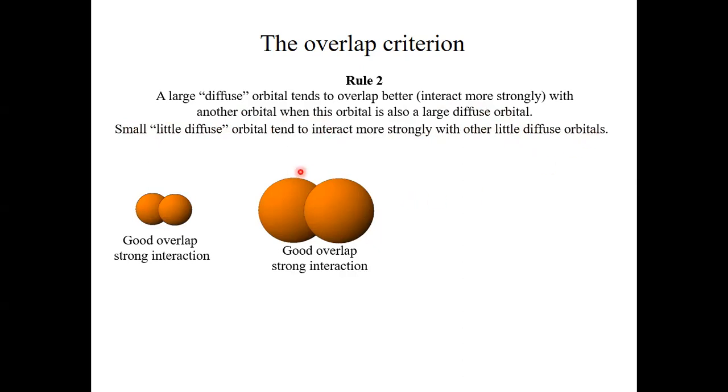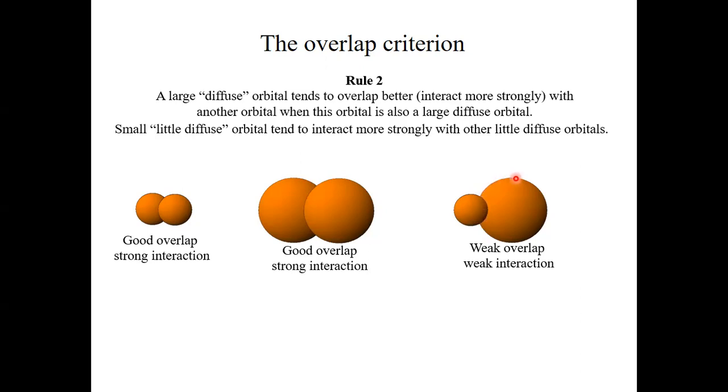So large gives good overlap and strong interaction. Small also gives good overlap and strong interaction. But last but not least, when we try to interact a very large diffuse orbital with a very small compact orbital, then they don't interact very well because they don't overlap very well.